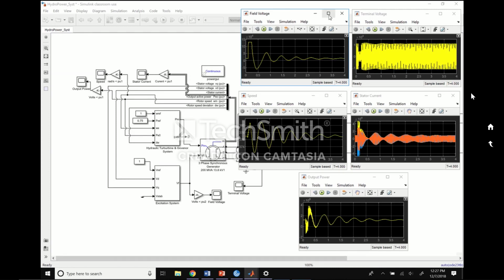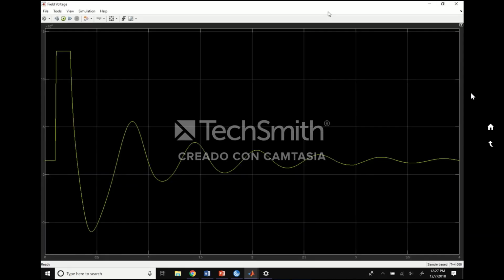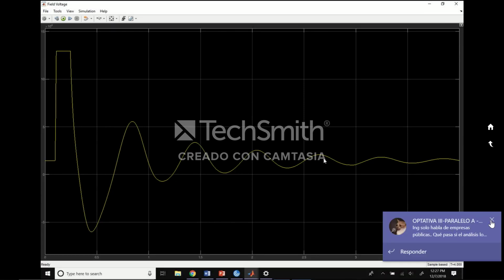The first graph I'll talk about is the field voltage, which is coming from the exciter out of the synchronous machine. You can see when it first kicks on, there's a spike in the voltage being delivered before the automatic voltage regulator corrects the fluctuation and the system begins to stabilize.